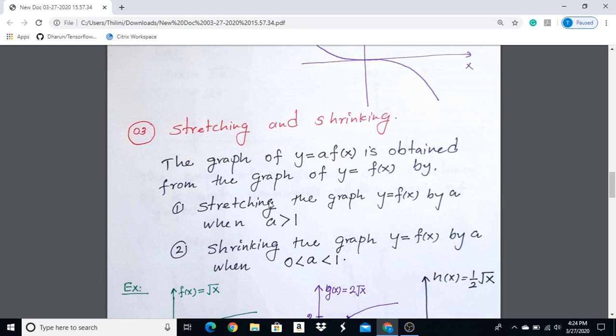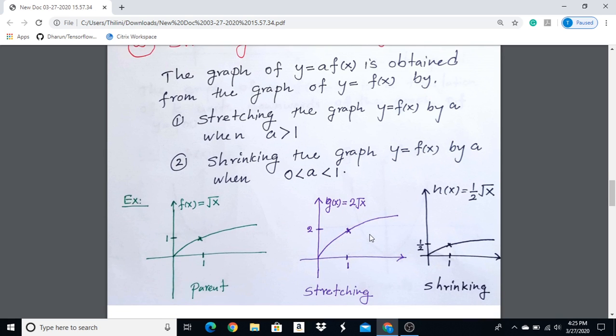The first case is stretching, the second is shrinking. Stretching is when we multiply by a number greater than 1, so a is bigger than 1. The shrinking case is when a is between 0 and 1. It should be positive, and when it is less than 1, it is called a shrinking transformation. Now let's look at these two cases. Here again I'm taking f(x) to be the square root of x.